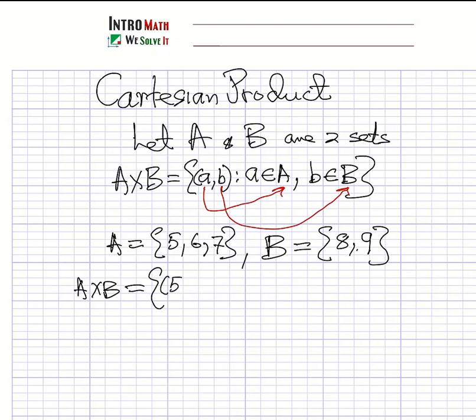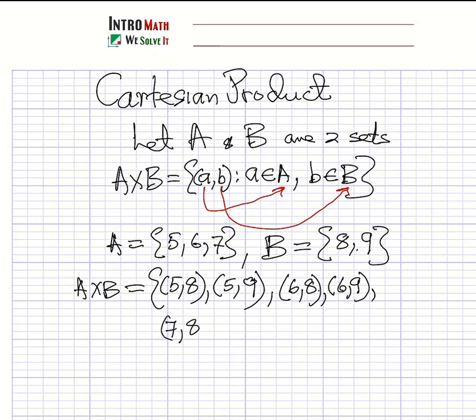So you say 5 paired with 8, 5 paired with 9. And then you keep going. 6 paired with 8, and then 6 paired with 9, you see? And you keep going. 7 paired with 8, and 7 paired with 9. And then you close the bracket. So you record this. That's what we did in the past.